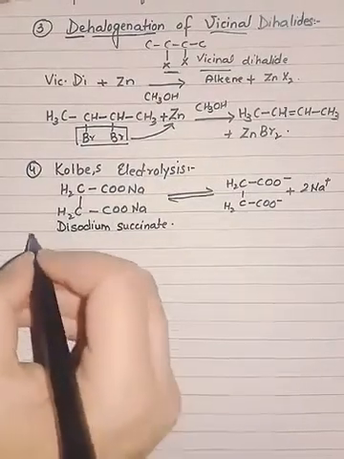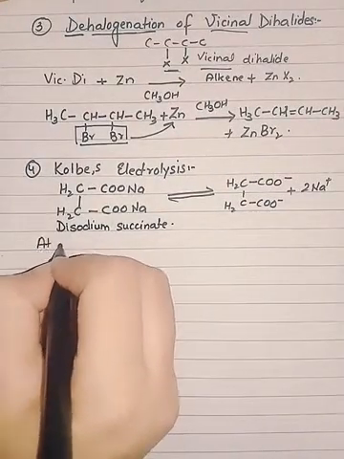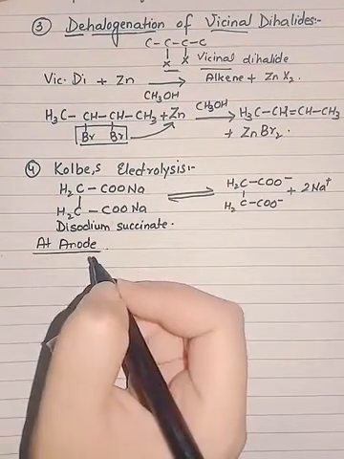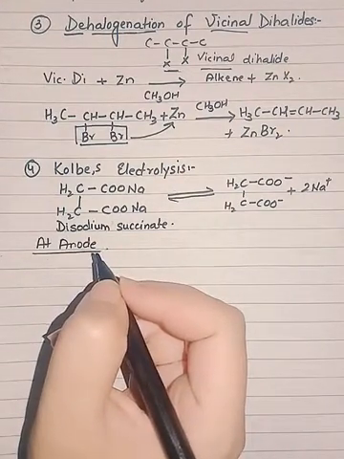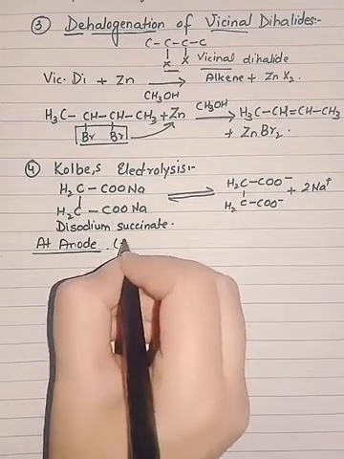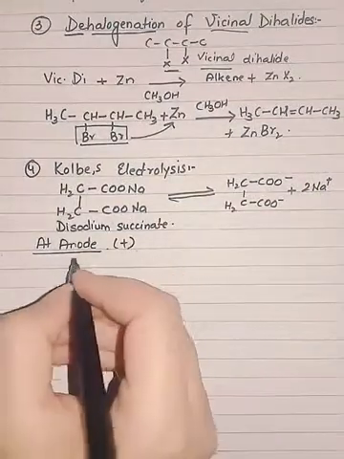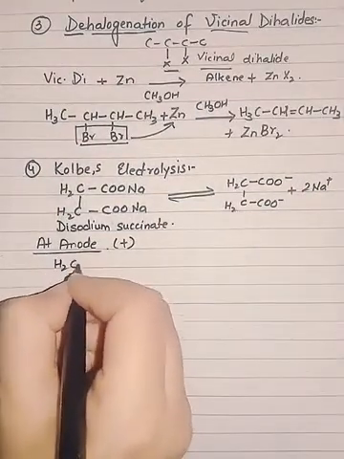Now first of all, reactions at the anode. Anode is basically positively charged because negative ions or anions will move towards it. So at the anode the reaction will be like this.